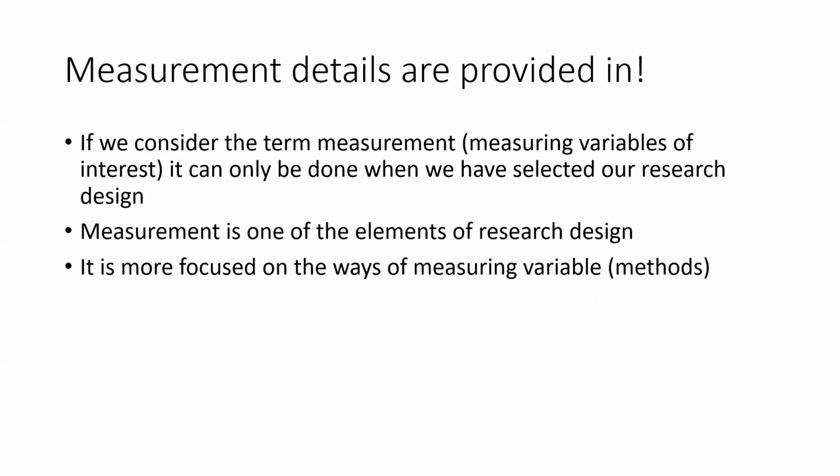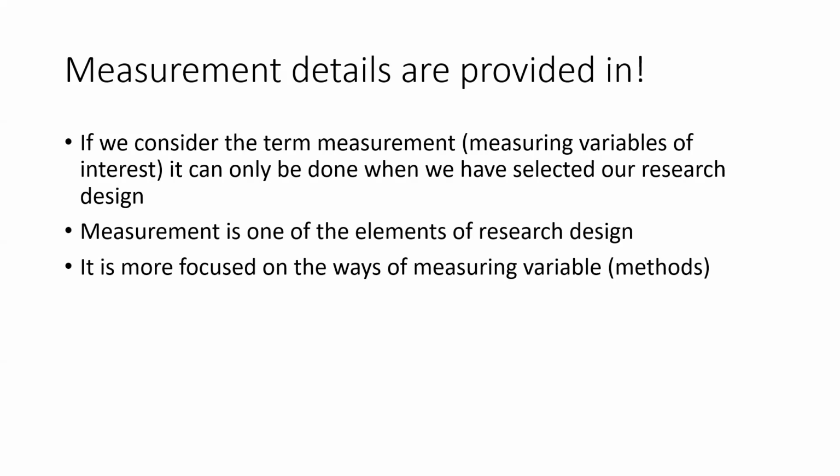Then we will move to the base article, and we will try to find how we can download the measures. Measurement details are usually provided in the study. Measurement is basically the way we get data about the variables, how the variables would be quantified or measured.